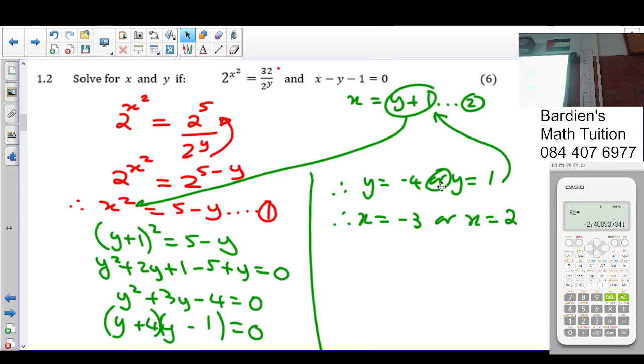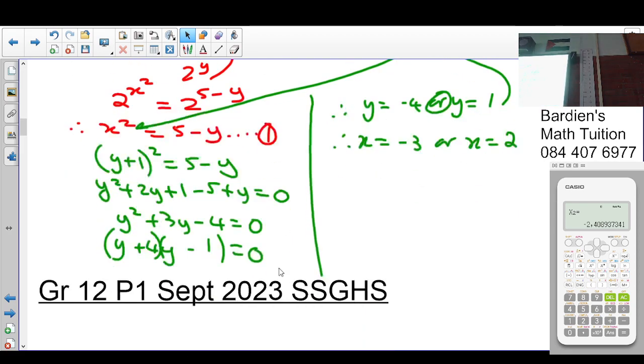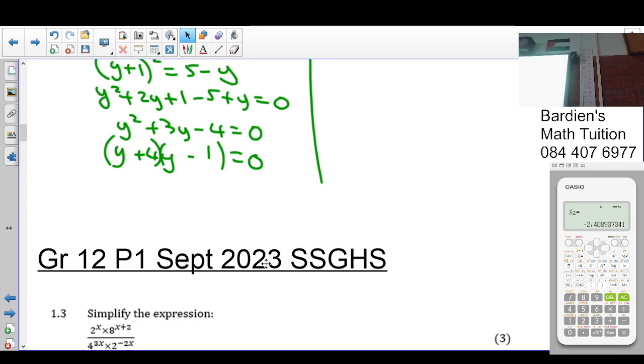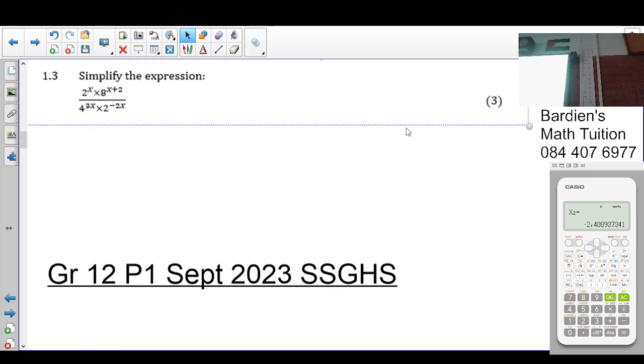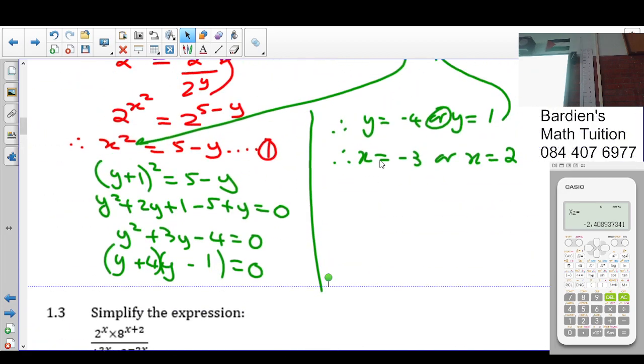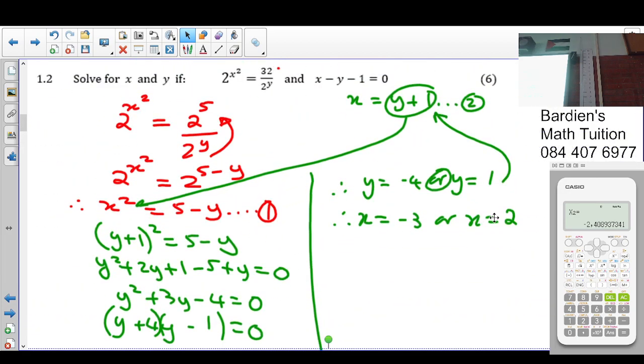Any confusion there? Stop me if there was something I've not explained to you, okay? Of course, how did we mark this? Maybe 1 mark for getting that out there.